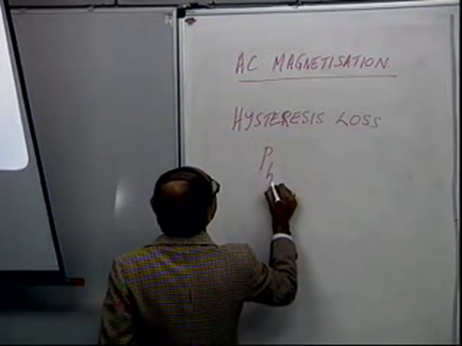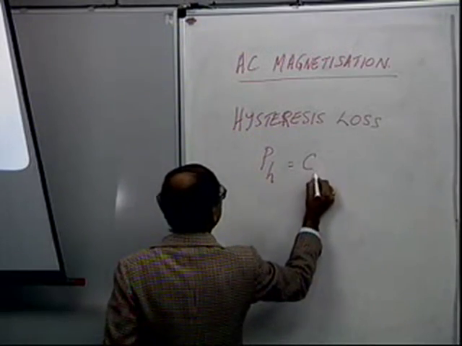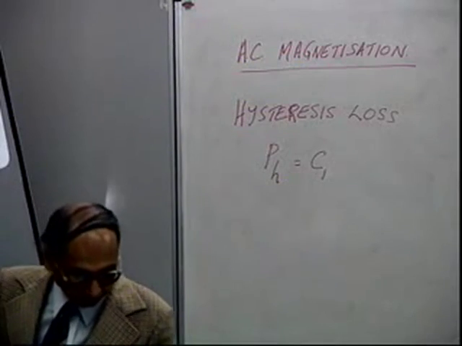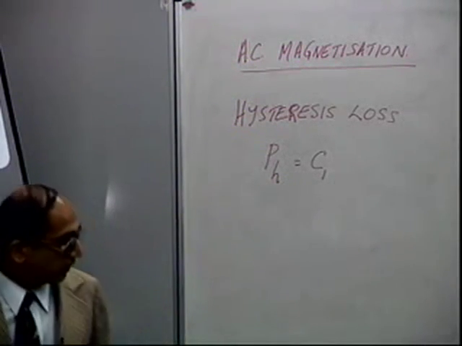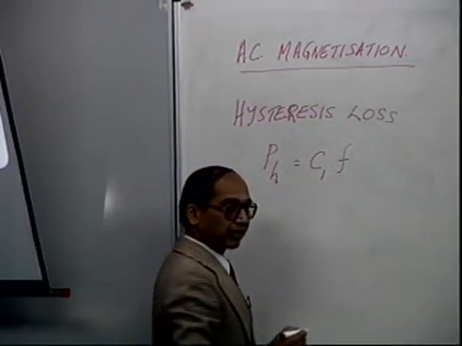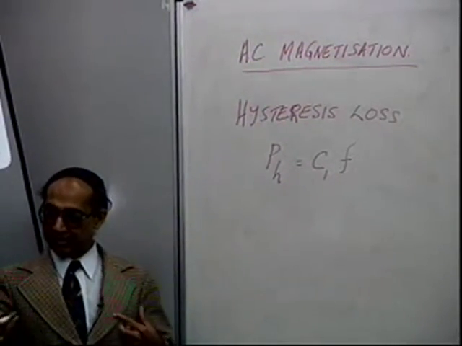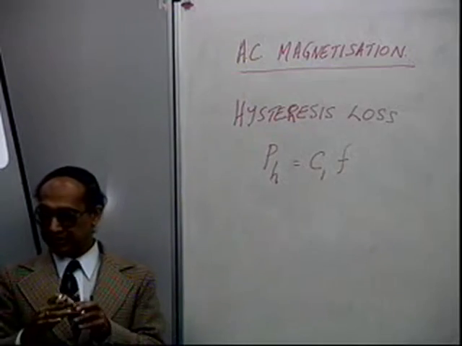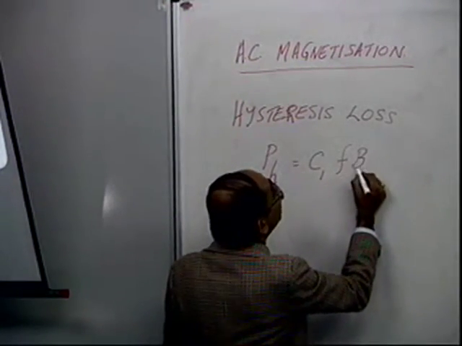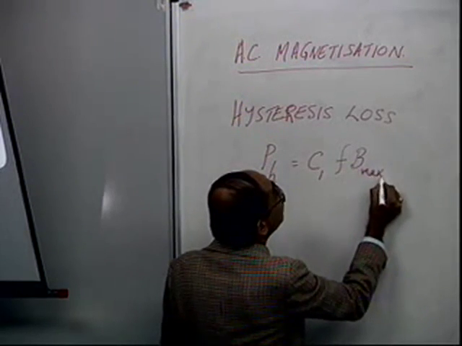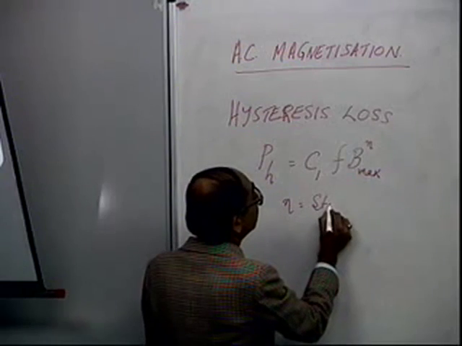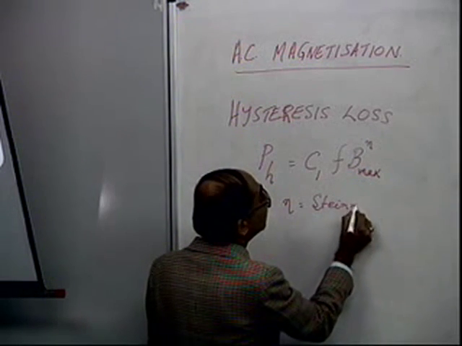Let us say P_H is proportional to some constant, let us say C1, and it is proportional to the frequency, because the higher the frequency, the higher the loss. That is obvious, because it is the power per second. And it is also proportional to B max to the power of n, where we call n Steinmetz's constant, named after Steinmetz.